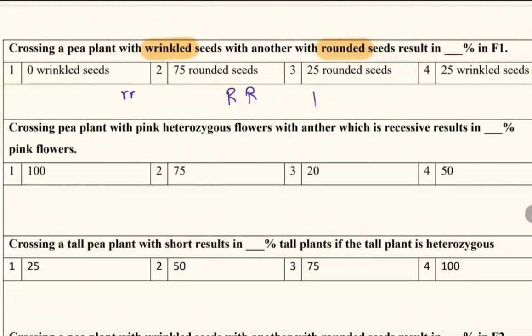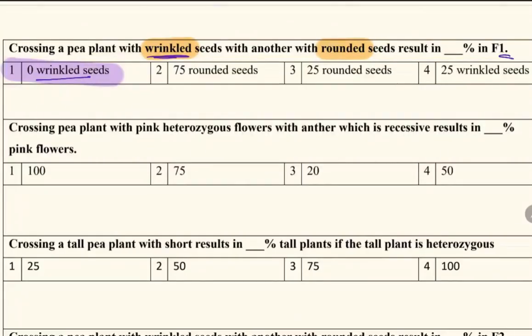It can also be R capital, R small. Now let's see here. This is recessive. It is the wrinkled seed or recessive. Now it means 0 in F1, 0 wrinkled seed. This is correct. Why? Because the recessive will be 0 in F1. It tells us here 75% round seed.